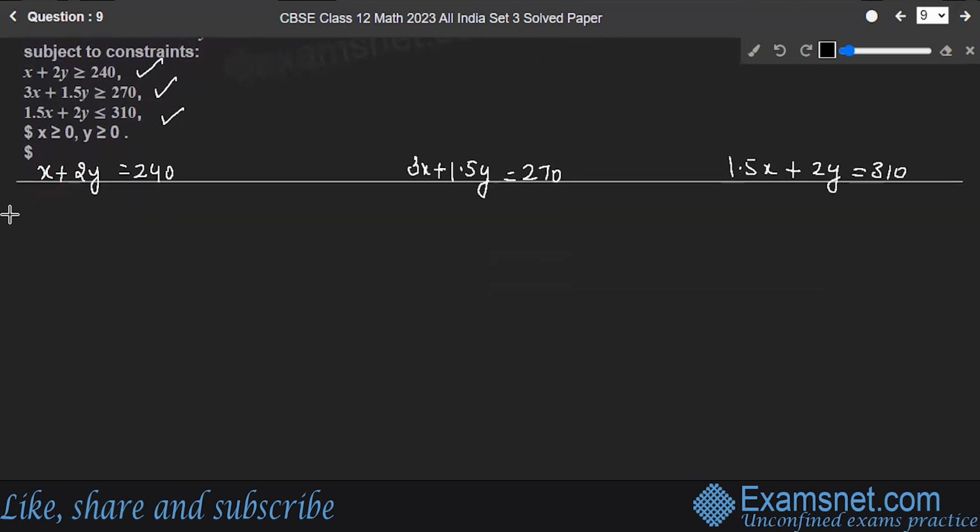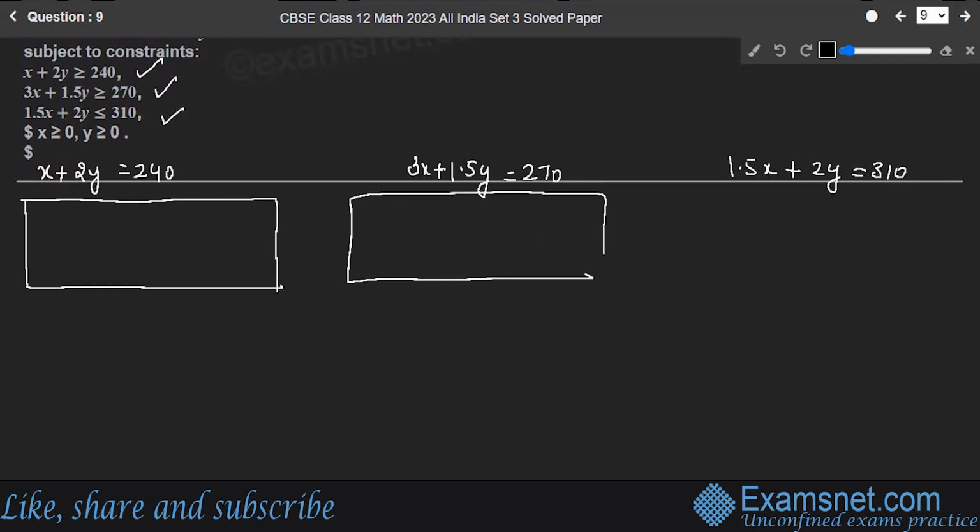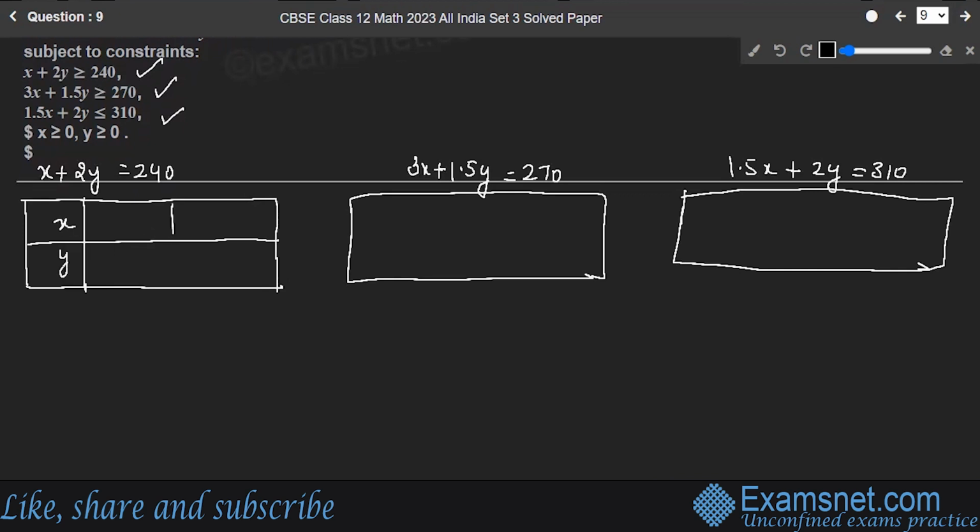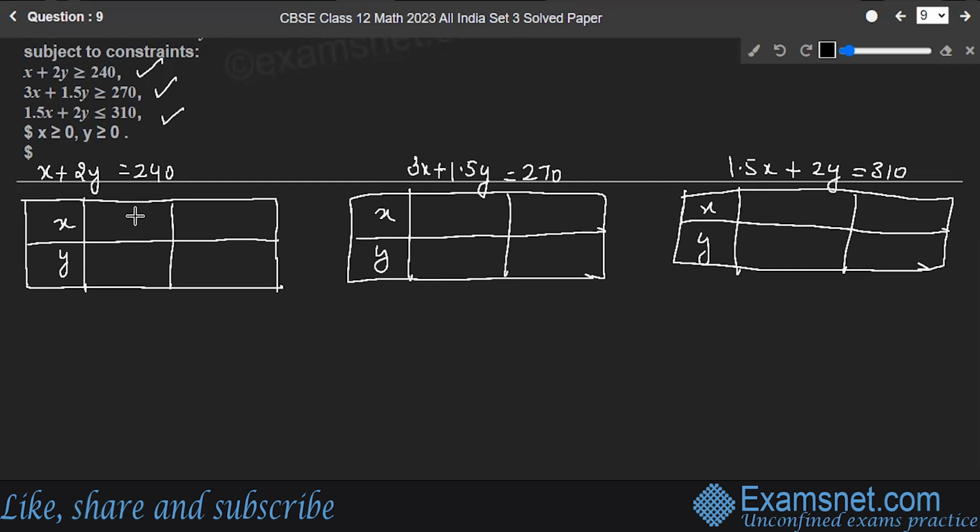Let's make the table for them. Here you have x, y for each. When I put x is equal to 0, y becomes 120, and when y is equal to 0, x becomes 240.